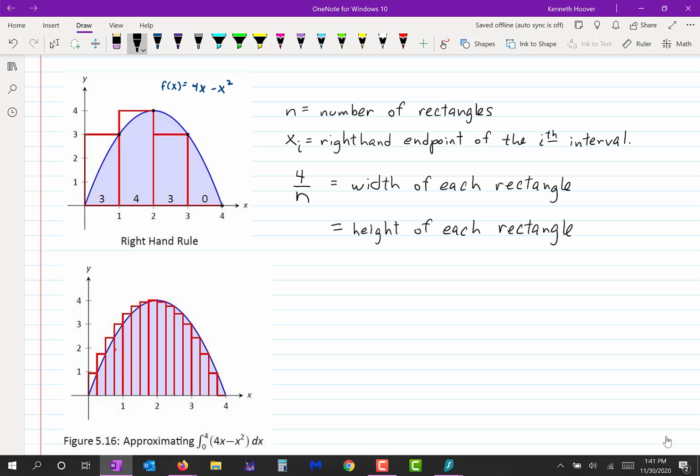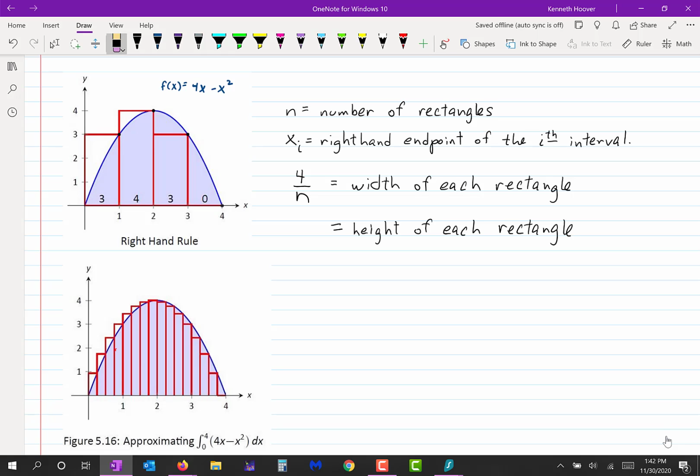So we're using the right-hand rule, which means the height of each rectangle is calculated by plugging the right-hand endpoint into the function, and you get the height. That's why it's called the right-hand rule, because we're plugging in the right-hand endpoint.